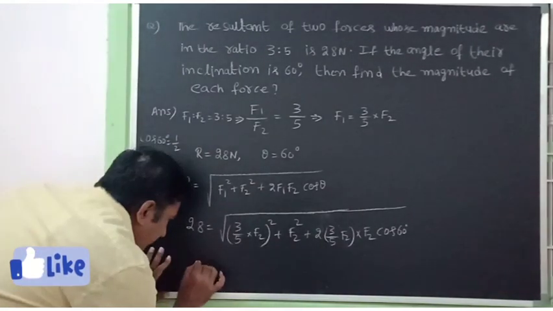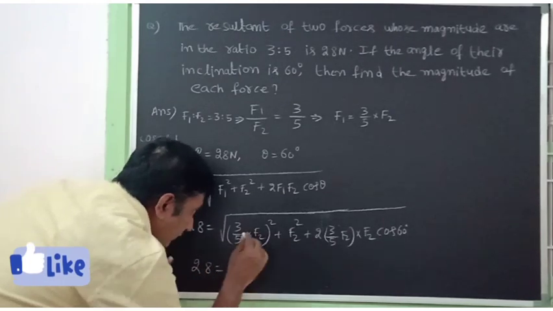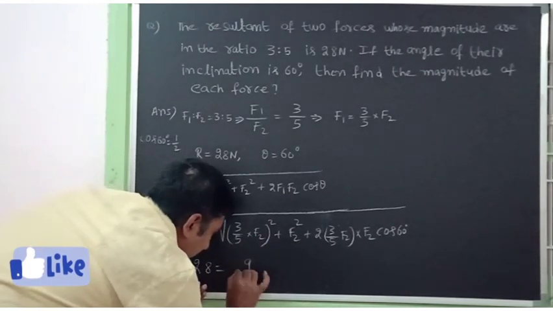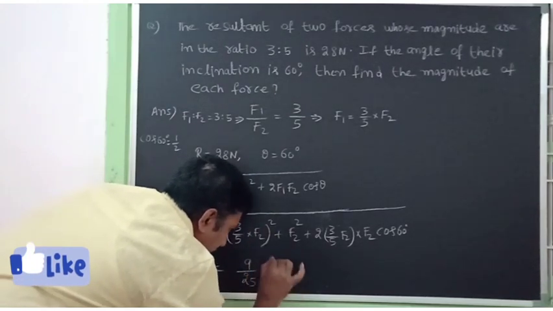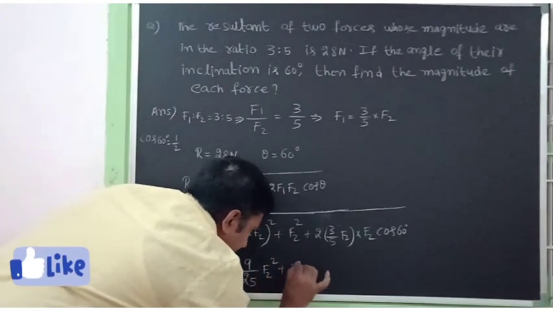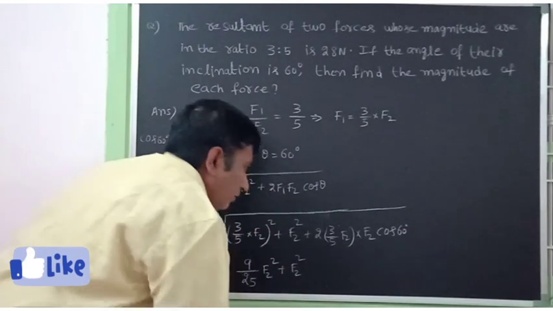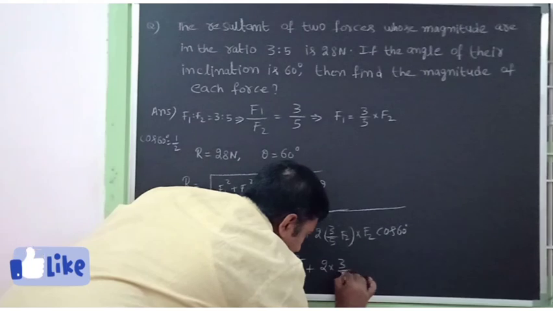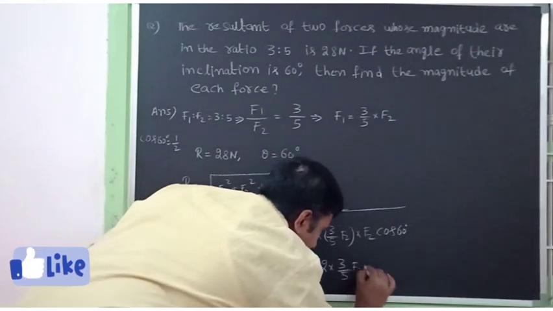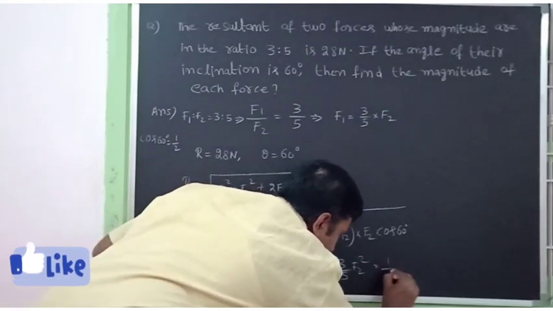With the help of this, I can write 28 as the root of 9 by 25 F2 square plus F2 square plus 2 into 3 by 5 F2 square, with cos 60 value being 1 by 2.